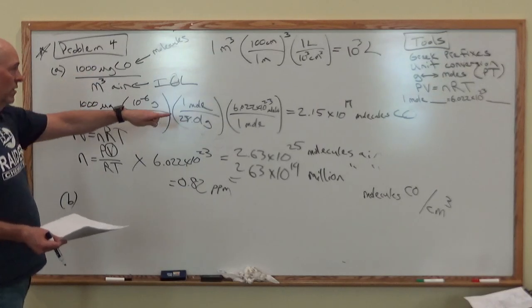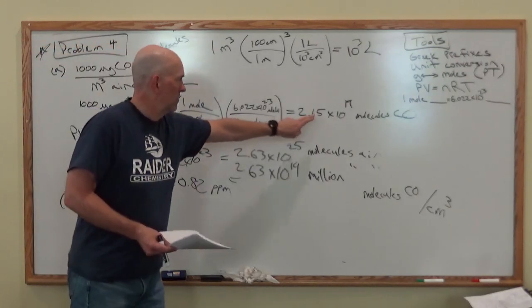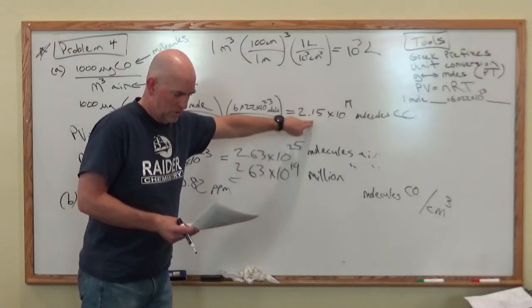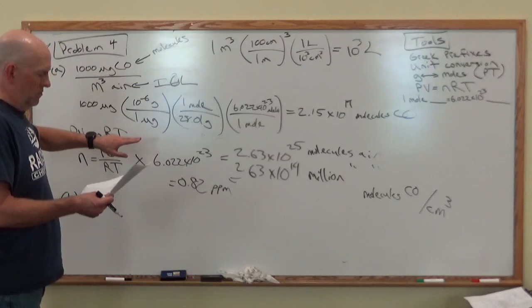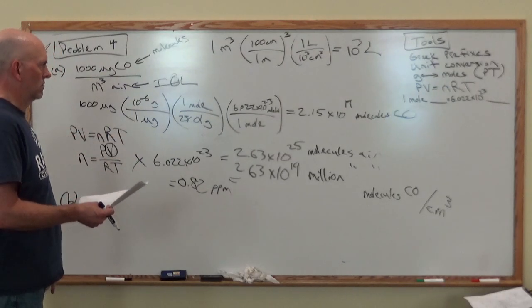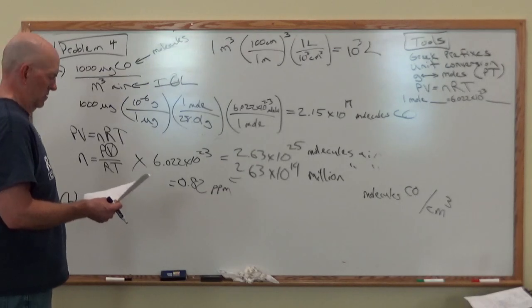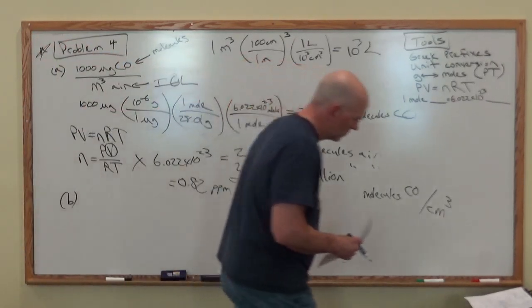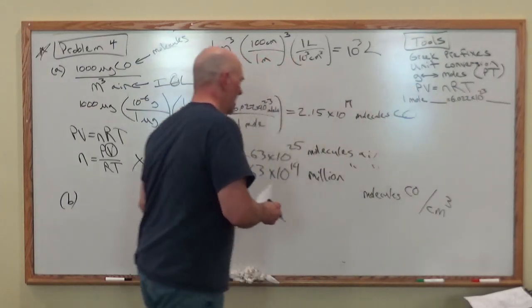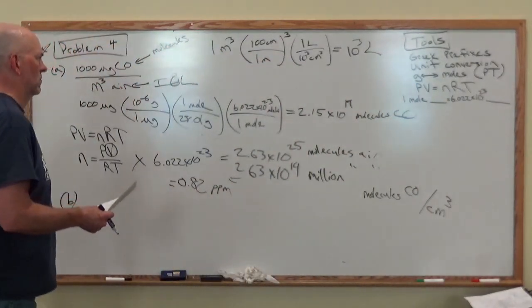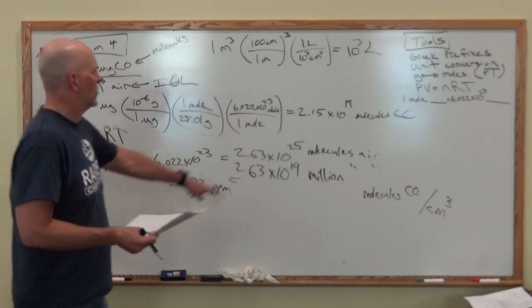In fact, we already did that, didn't we? We have that number. Don't we already have most of this work done? Molecules per cubic centimeter? Yeah, so we already did this part.